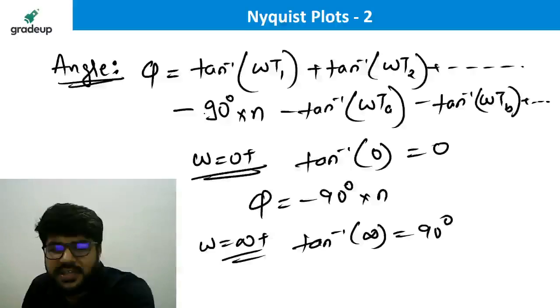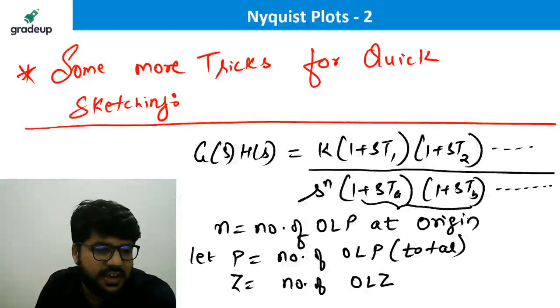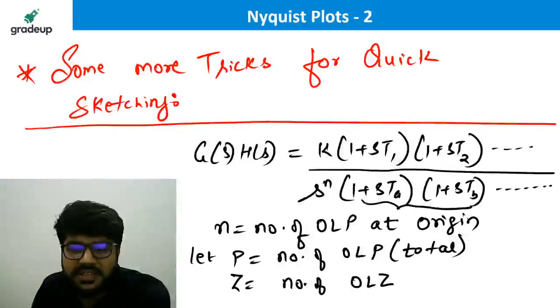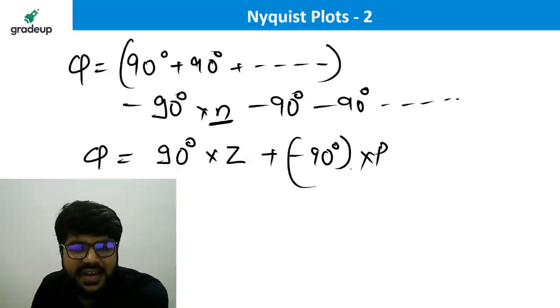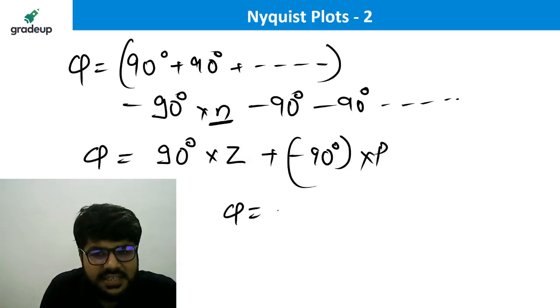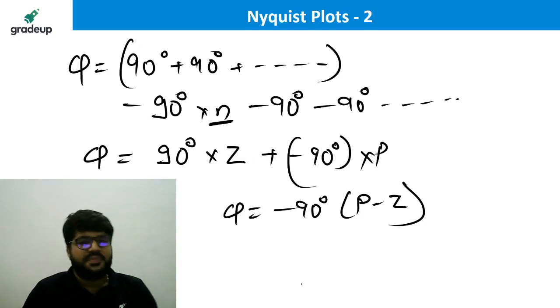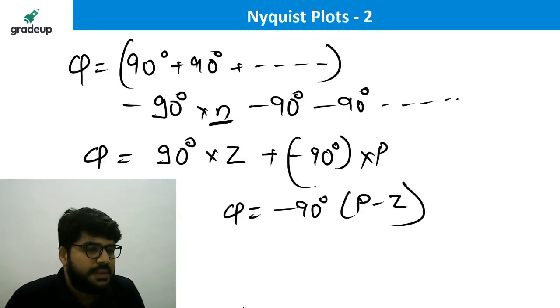For every pole at origin, minus 90 comes fixed, ठीक है, and the other poles not at origin also give 90 degree at infinity plus. So minus 90 into p. So this is written as minus 90 degree into p minus z.